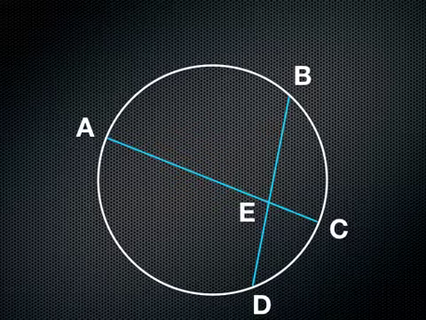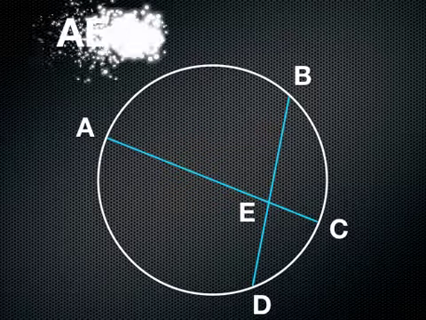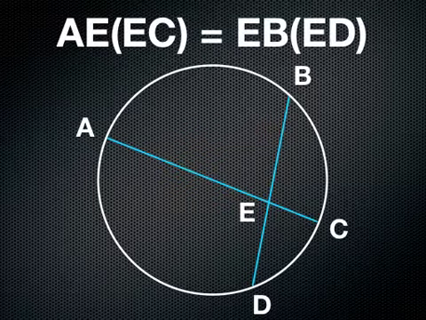What this theorem says is that the products of the two segments are equal to each other. So in this case, AE times EC would be equal to EB times ED.